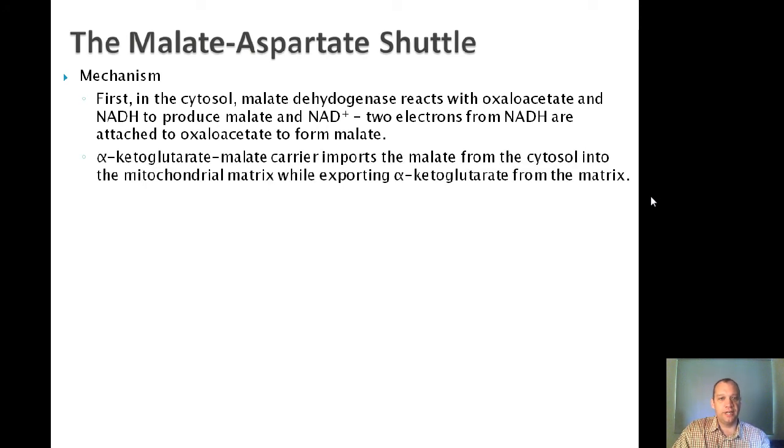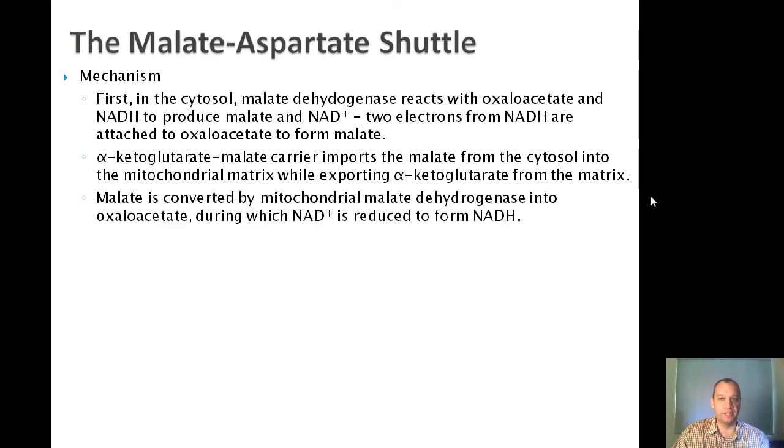The alpha-ketoglutarate malate carrier now will import this malate that is produced in the first step from the cytosol into the mitochondrial matrix, while also exporting alpha-ketoglutarate from the mitochondrial matrix. Malate is then converted by mitochondrial malate dehydrogenase into oxaloacetate, during which NAD+ is reduced to form NADH.